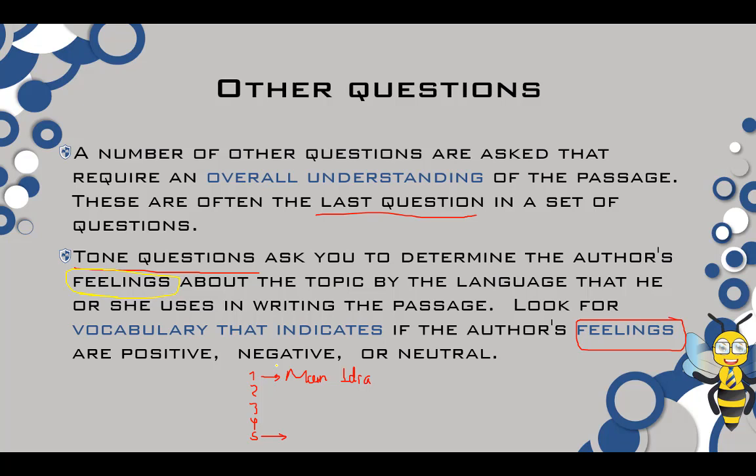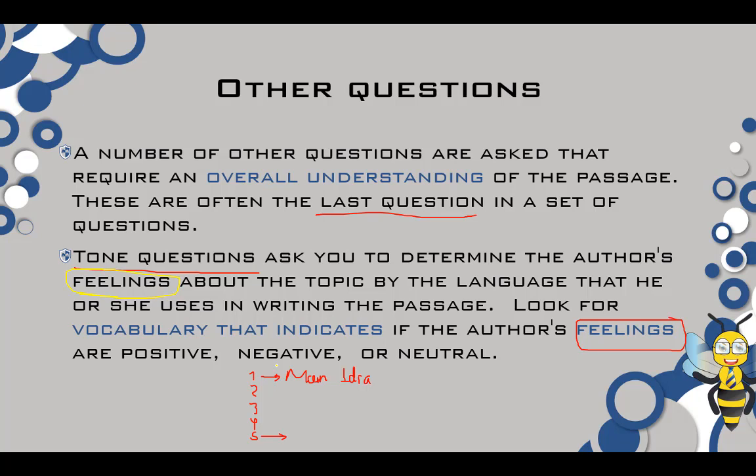So the main idea, maybe about, I'm using the same example about Abraham Lincoln as president. Maybe the reading is about Abraham Lincoln's life, but if you read that the author wrote something like, Abraham Lincoln was the most honest person in the world because he did this, and this, and I always admire him.